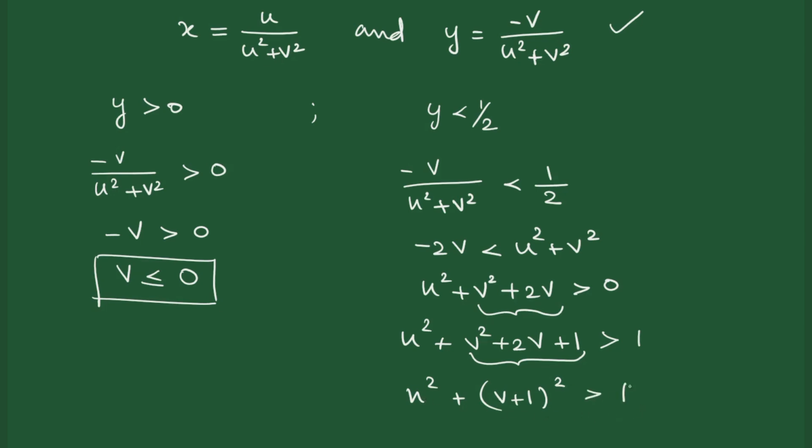Now this is the equation of the circle with center 0 comma minus 1 and radius 1, because this 1 can be written as 1 square. And moreover, this greater than symbol represents the exterior portion of the circle. We have to consider the exterior region because of this greater than symbol. If it is less than, we have to consider the interior region.